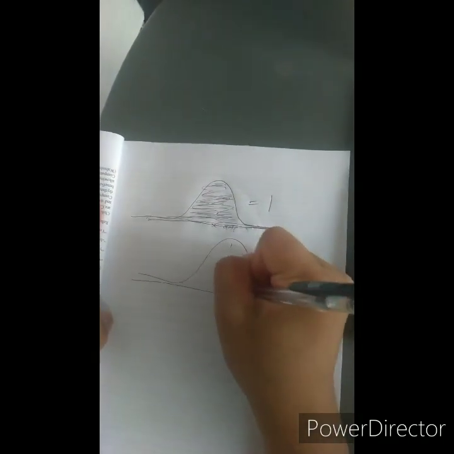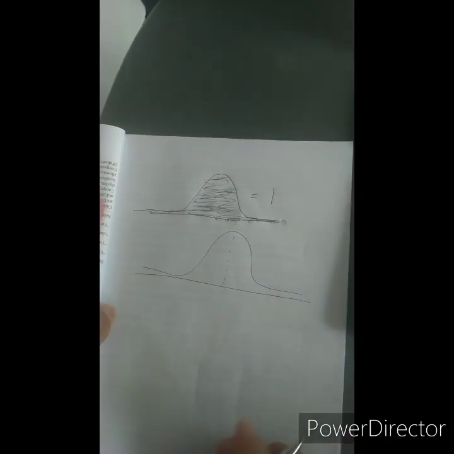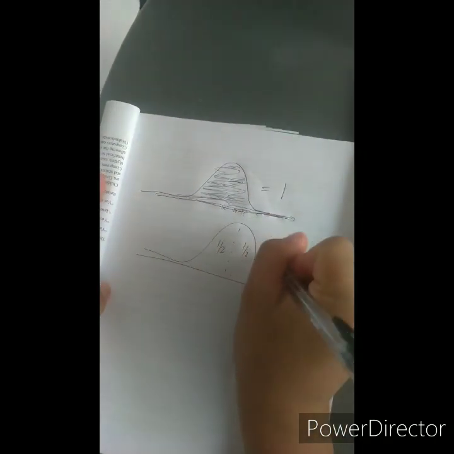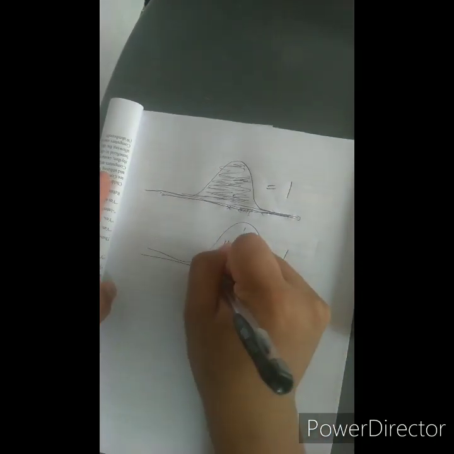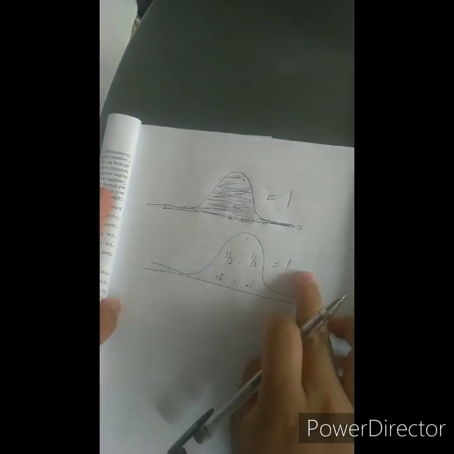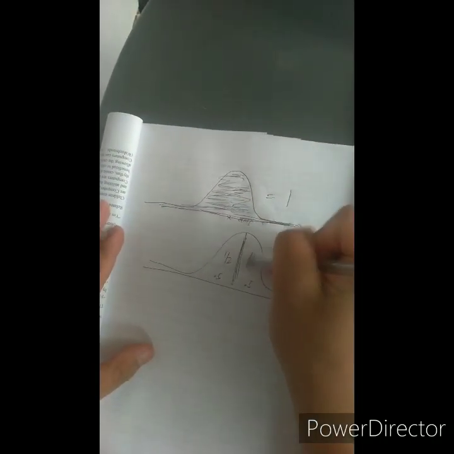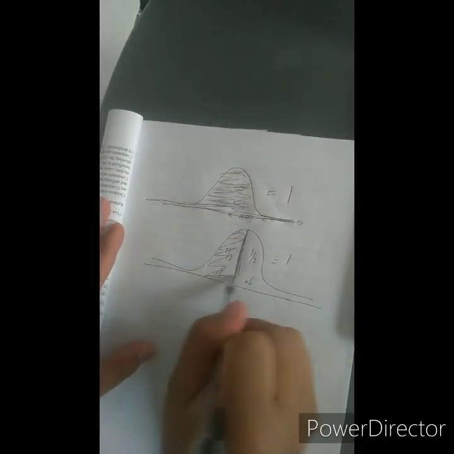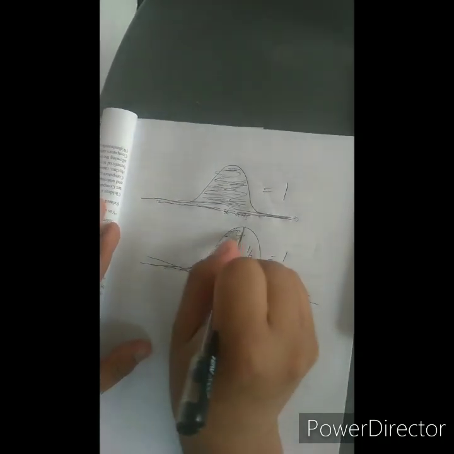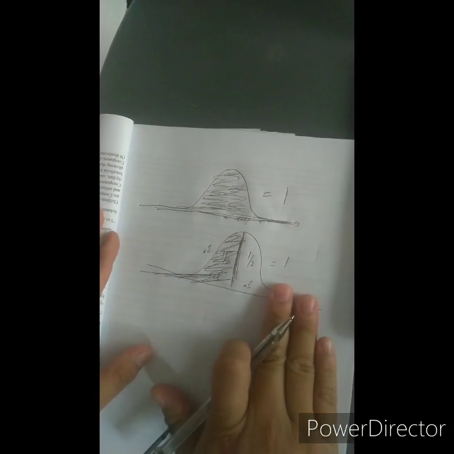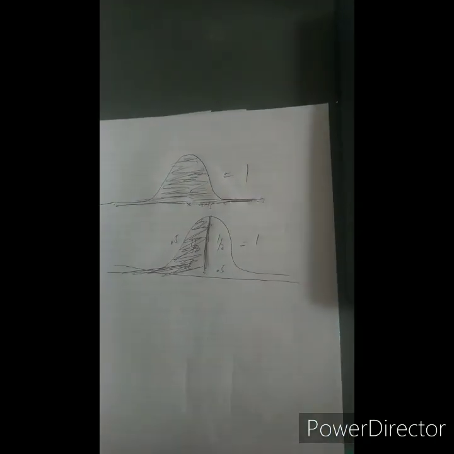If this is your mean, median, mode, then this half plus this half equals 1: 0.5 plus 0.5 equals 1. This one is the half of the normal distribution curve, equal to 0.5. It is always 0.5 and 0.5 when we talk about normal distribution.